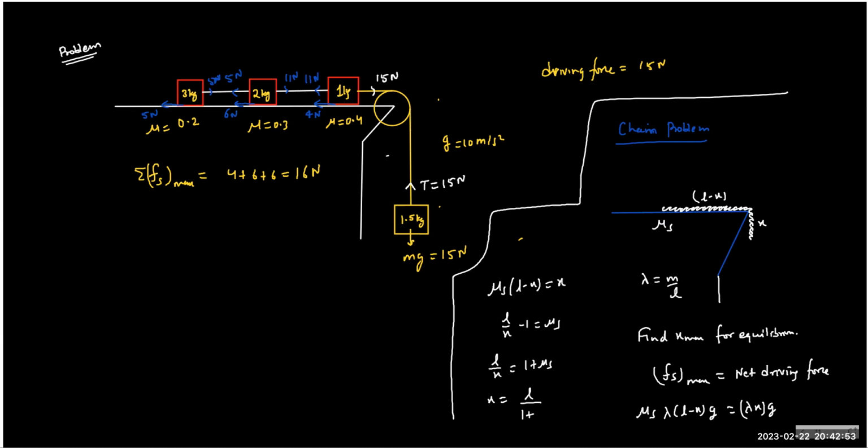That's why I'm saying something is wrong. So this will be 1 by mu, correct? Okay. Is this clear?